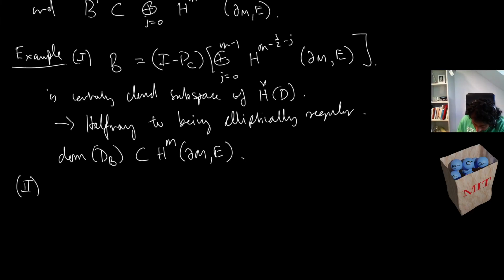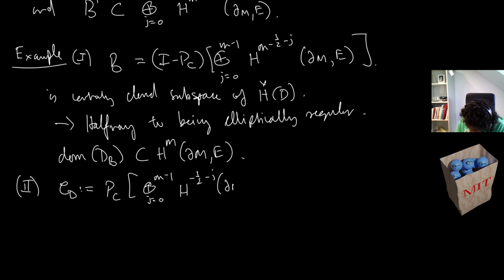So what I really wanted to do is to give you a non-elliptic boundary condition. So C of D is what? This is precisely equal to this space, the sum over j equals 0 to m minus 1 of H^{-1/2-j}(∂M; E).